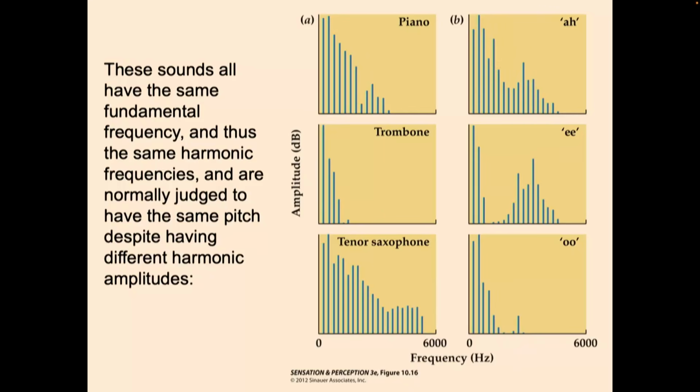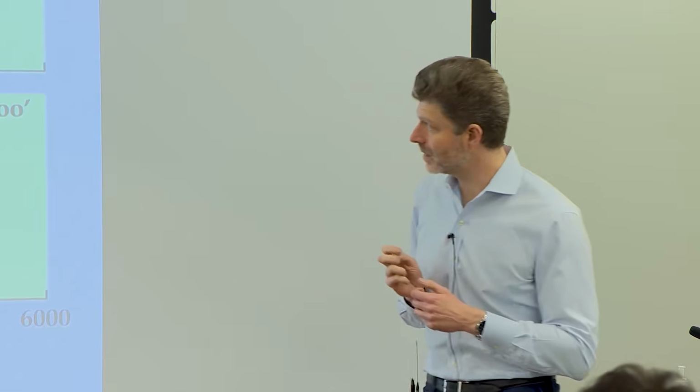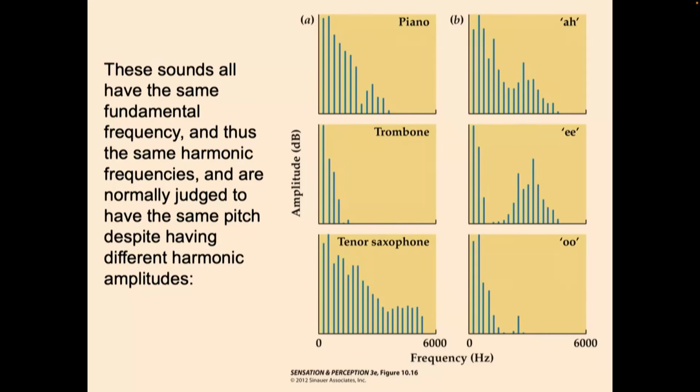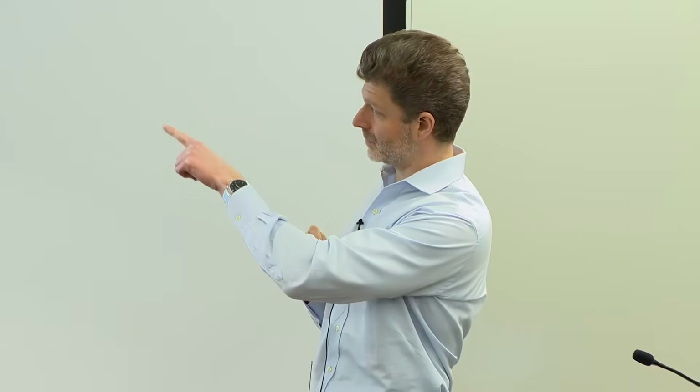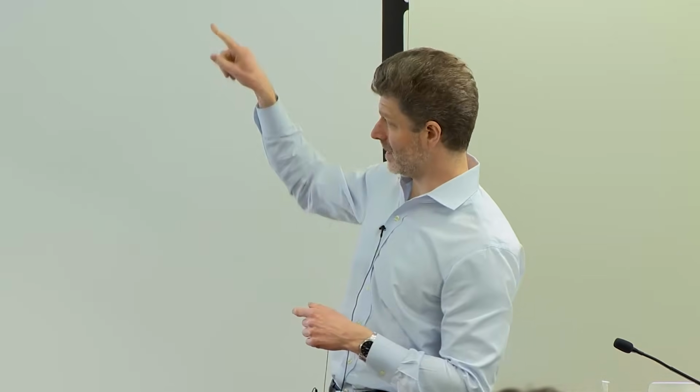Sounds can have the same fundamental frequency, and you might describe them as having the same pitch despite them differing in other ways. These are, again, schematic power spectra of 6 different sounds that all have the same fundamental frequency despite having very different harmonic amplitudes. We've got a piano, a trombone, tenor sax, and then 3 spoken vowels.